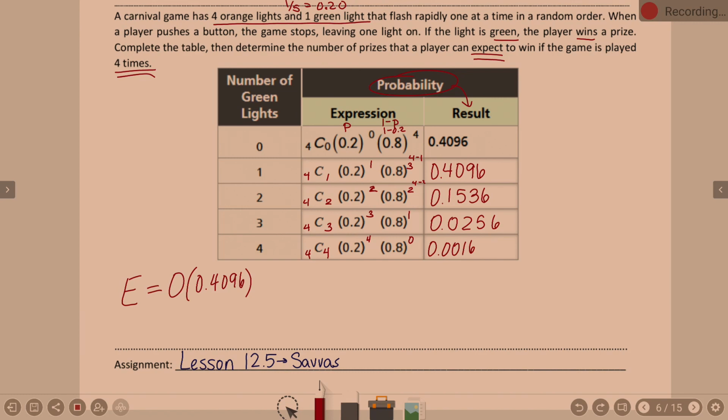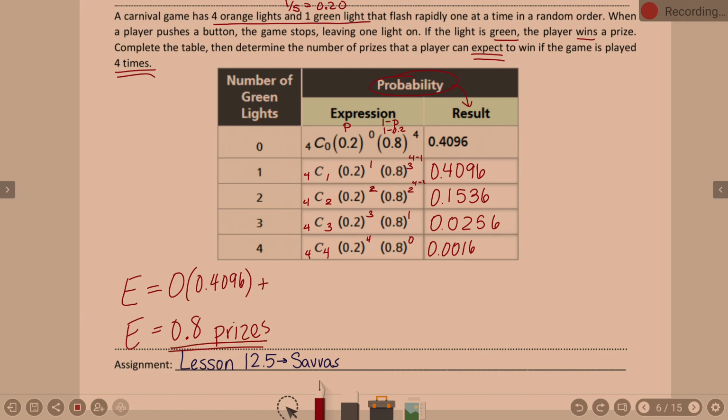Okay. Add and multiply. You do end up with, and I will finish this up and write it down, 0.8. So you can win 8/10 of a prize. That's your expected value.